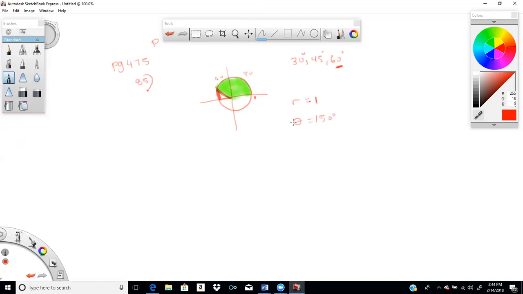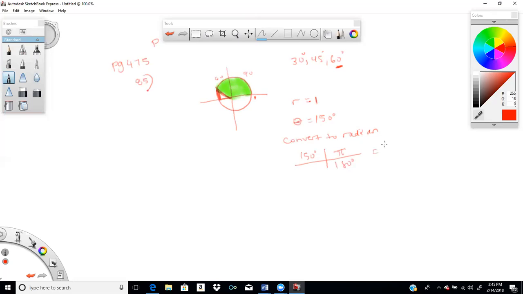Now note that we cannot deal with it in terms of degrees, so we have to convert the degrees to radian form. So you have 150 degrees, and we want to convert that to radians, so that'll be times pi over 180.